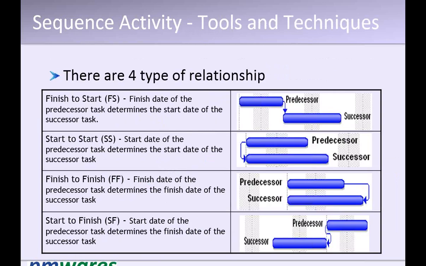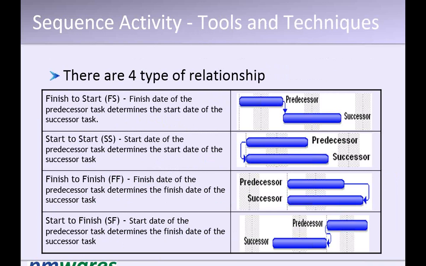We normally have 4 types of dependencies. The FS, which is mostly what we use. Almost 80% of the dependencies we assign in this network diagram are FS.